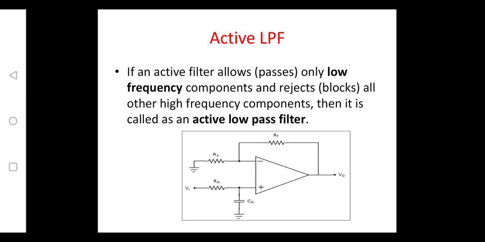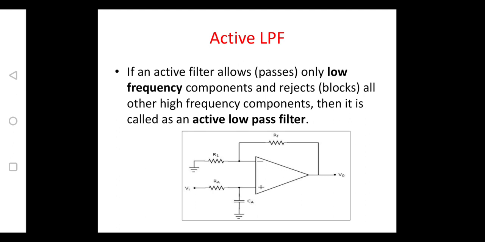But practically, there is some difference between these two bands, and such a band is called the transition band. The variation of this transition band depends upon the type of the filter which we are using, where the type of the filter represents the order of the filter.